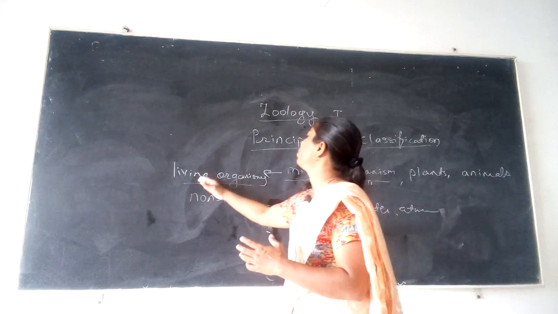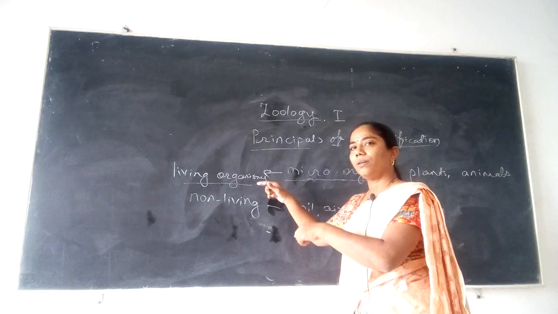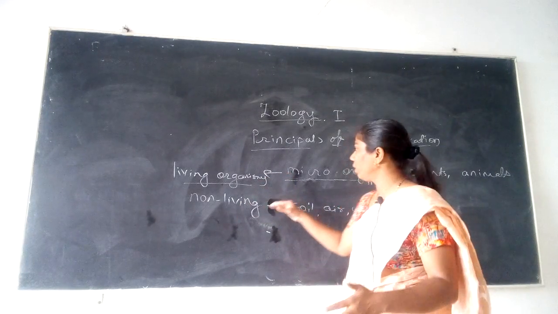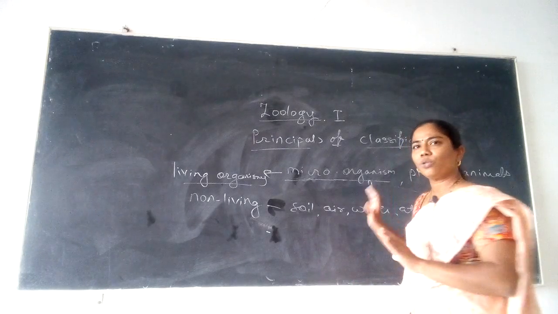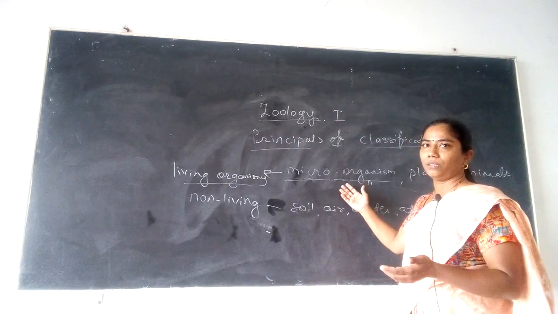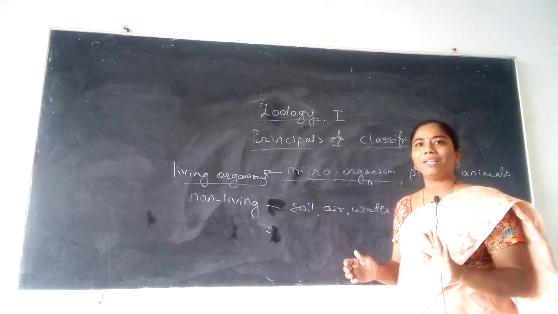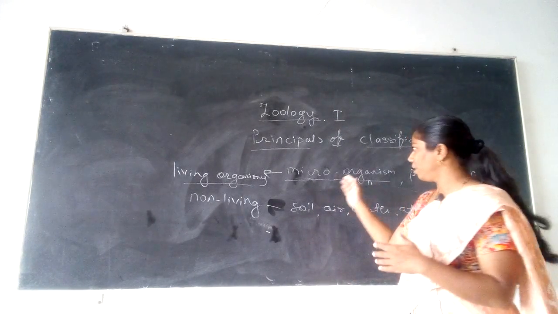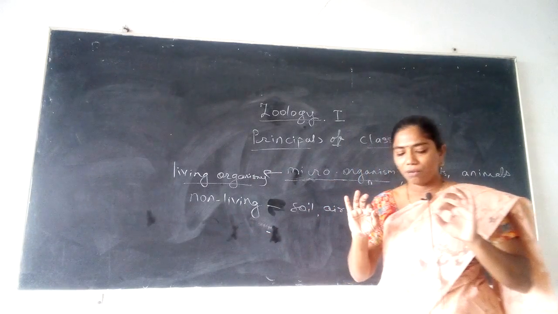And again, in case of living organisms, you have to classify them according to the group: microorganism, plants and animals. You already know the concept of plants and animals, and today we learn the microorganism. What are microorganisms? Now we are familiar with all these terminologies: microorganism, plant, animal, non-living and living things.